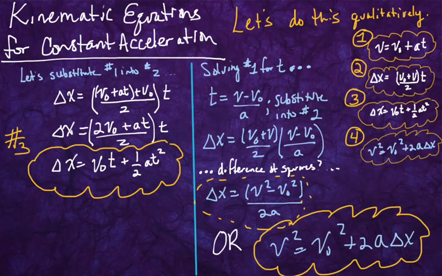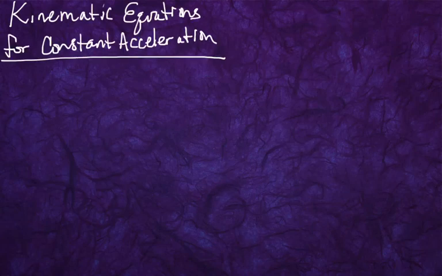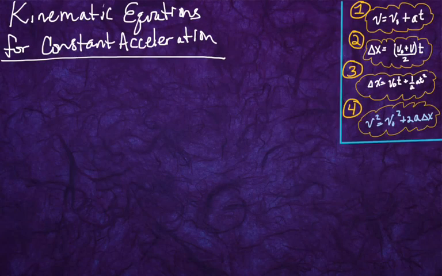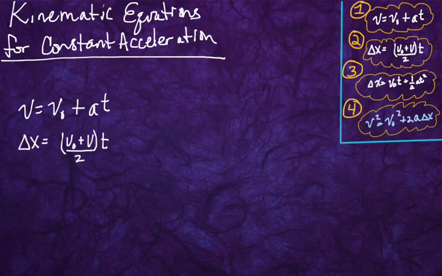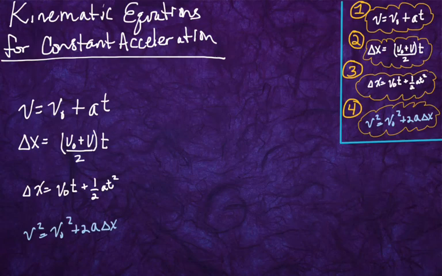So now we have these 4 kinematic equations. And we'll keep them off to the side, and we're going to do some samples here. Okay, so let's take number 1, number 2, there's number 3, there's number 4. 1, 2, 3, and 4.